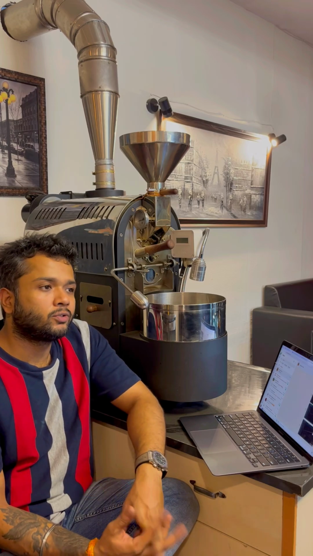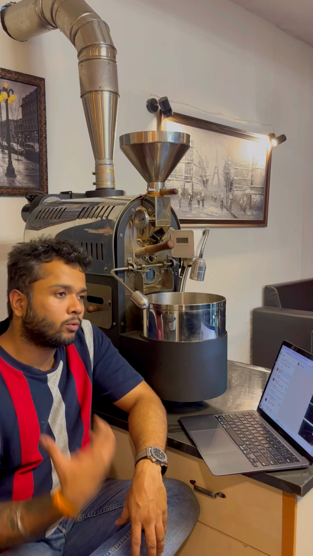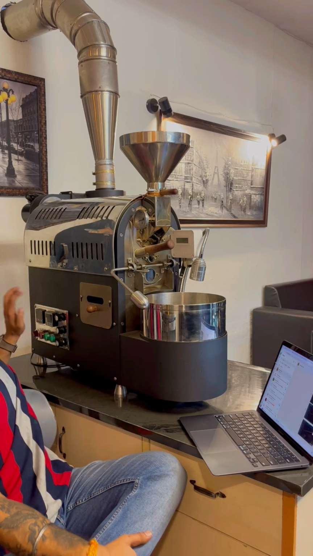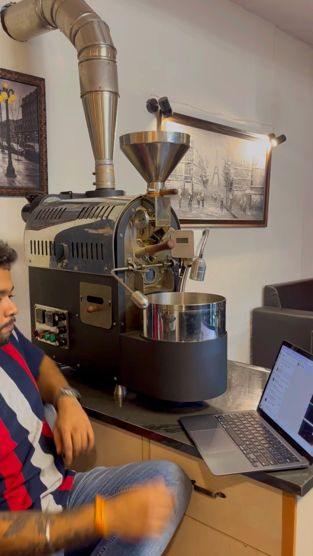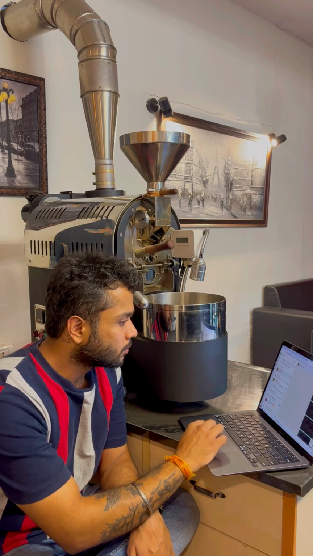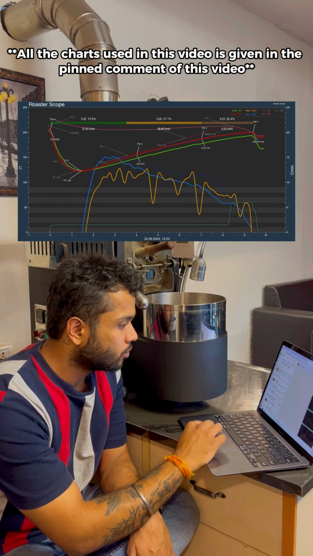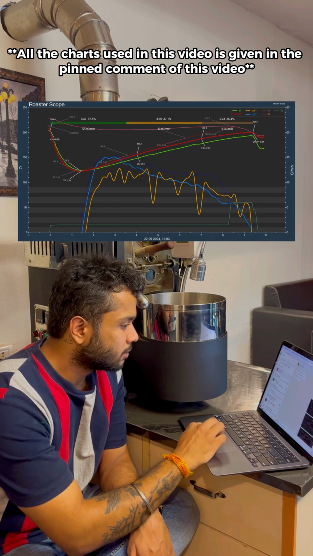I can adjust drum speed, the amount of heat transferred, and the amount of airflow using this control panel, and this is the cooling tray. I'll show you some of my roasting graphs as well to explain this.